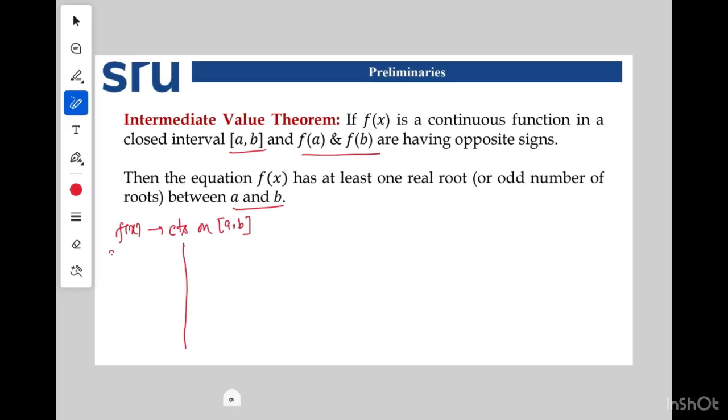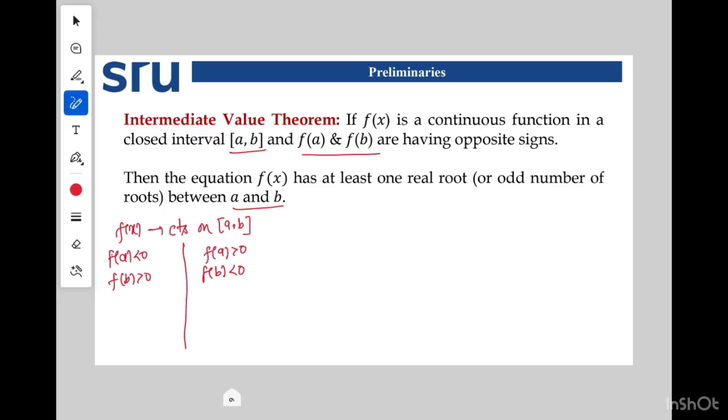One is, suppose f(a) is less than 0 and f(b) is greater than 0. The second condition is, suppose f(a) is greater than 0 and f(b) is less than 0. In both cases the function values have opposite signs.